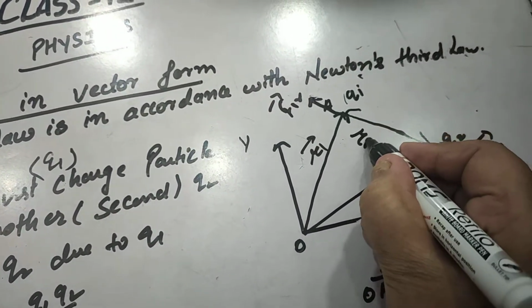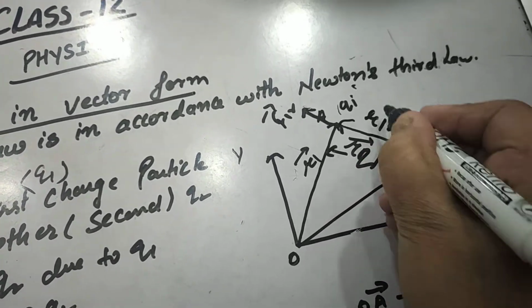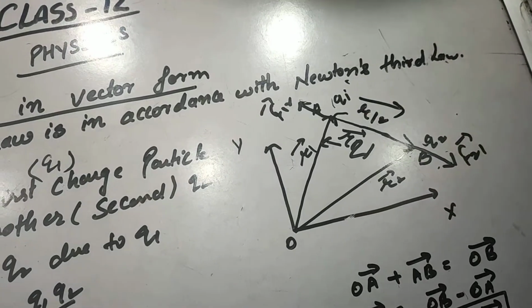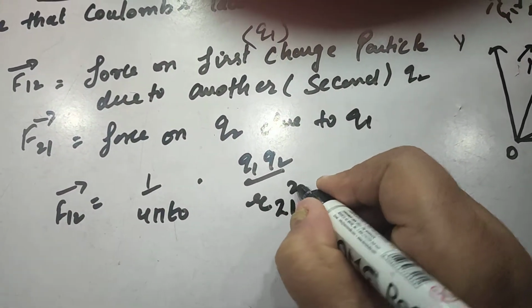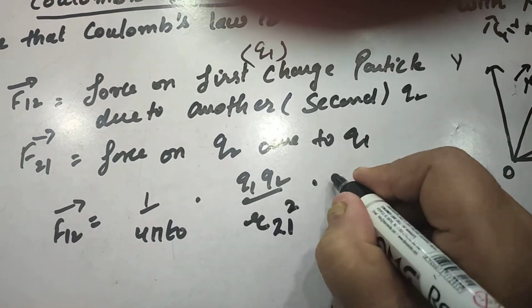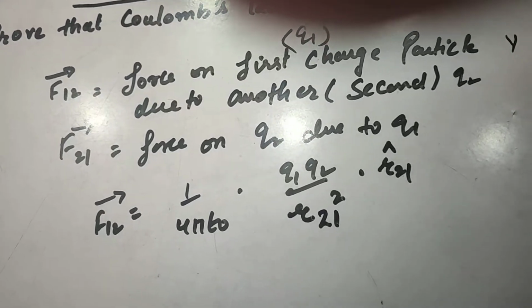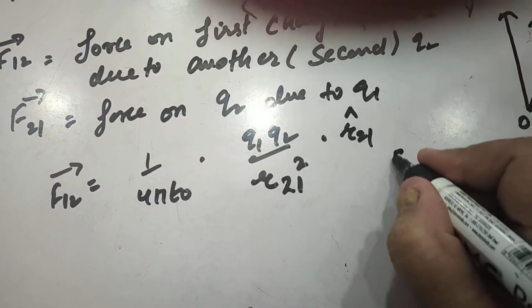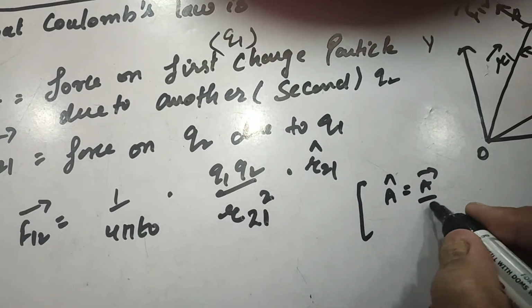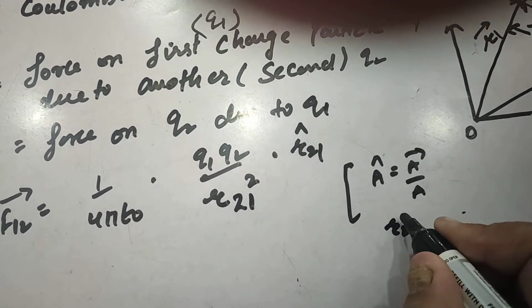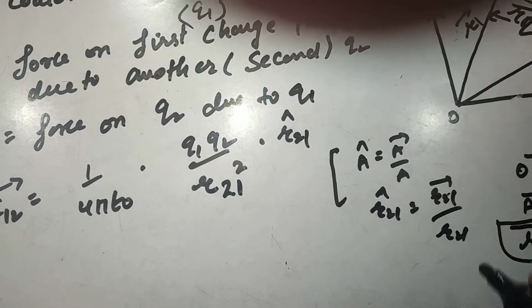Here r21 vector is in this direction, and r12 vector is in the opposite direction. So we write r21 squared, and since the direction is of r21, the unit vector r21 cap. From the unit vector we know A cap is equal to A vector by A, so r21 cap is equal to r21 vector by r21.